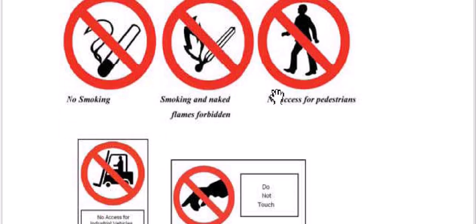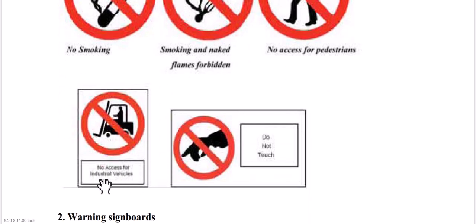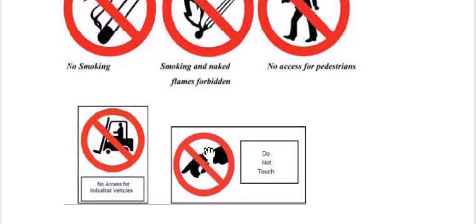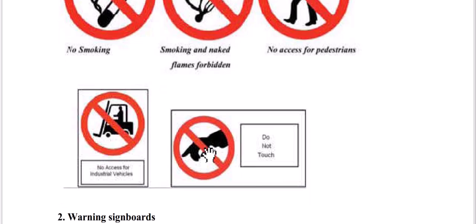No access for pedestrians, no access for industrial vehicles, do not touch. All of these pictures and examples show a black picture, white background, and a round red shape.